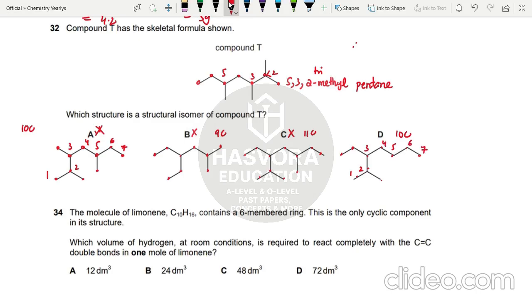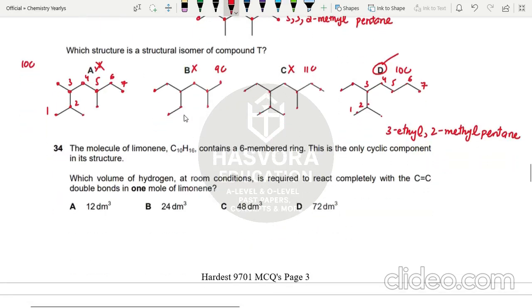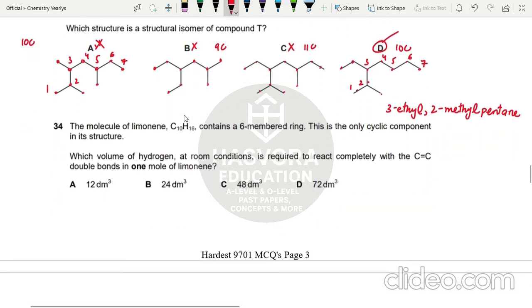So it will actually become 1, 2, 3, 4, 5, 6, 7 and it will be 3 ethyl, 2 methyl pentane. So this will actually be the isomer of it. So D will be the answer for this question. So always check for the number of carbons first and then for the naming, that is, if it is the same or not.